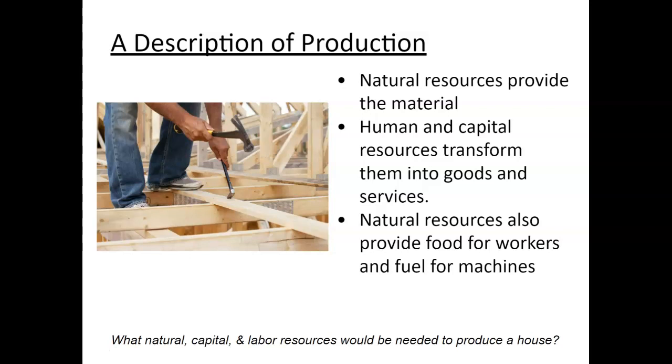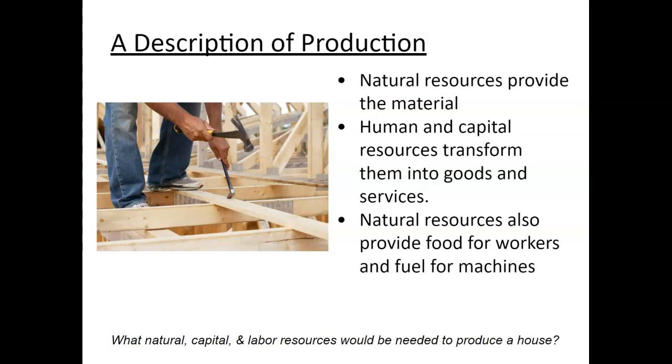Okay, so production then, natural resources first provide the material, and then human and capital resources transform them into goods and services. Natural resources also provide food for workers and fuel for machines. So if you think about something like building a house, you're going to know that that person who's working on the house, first of all, is labor.